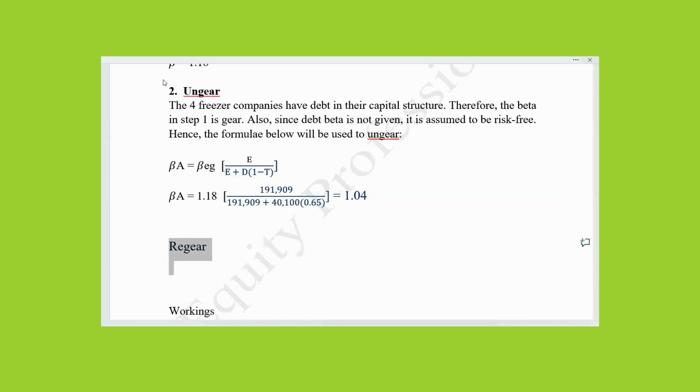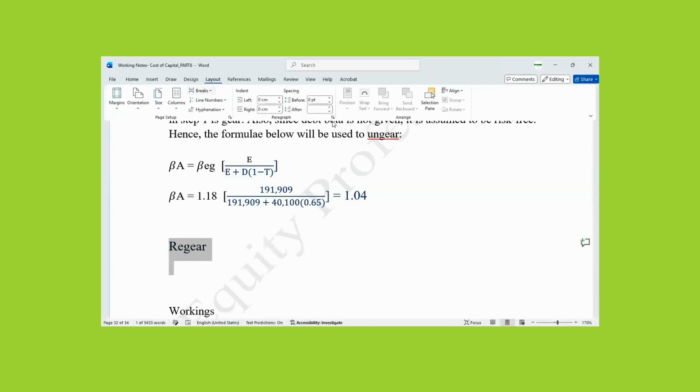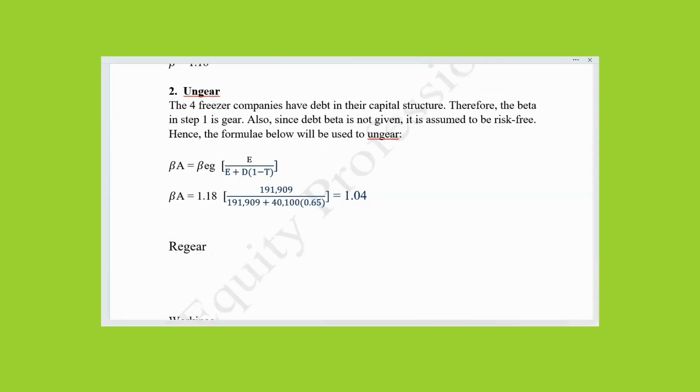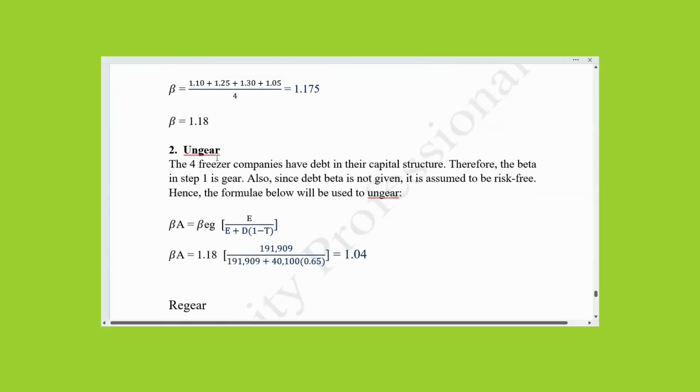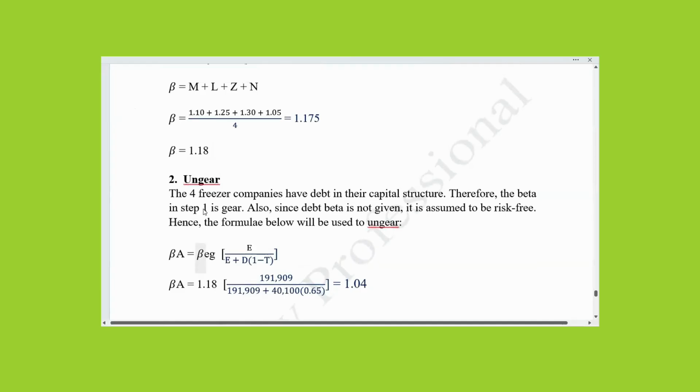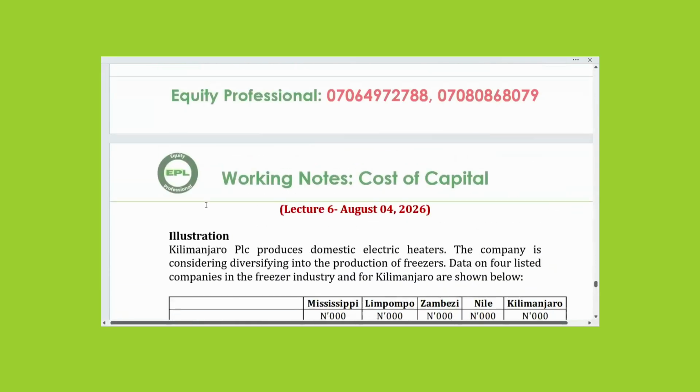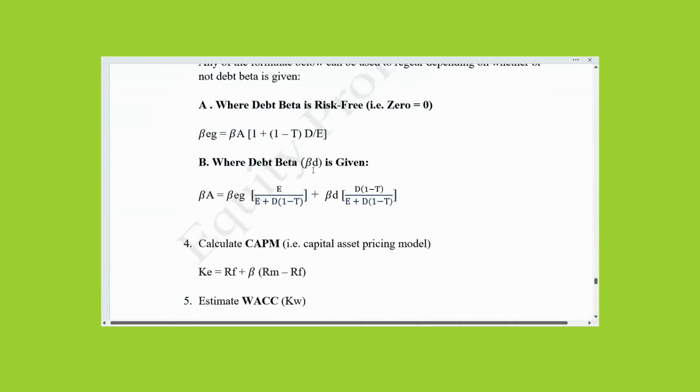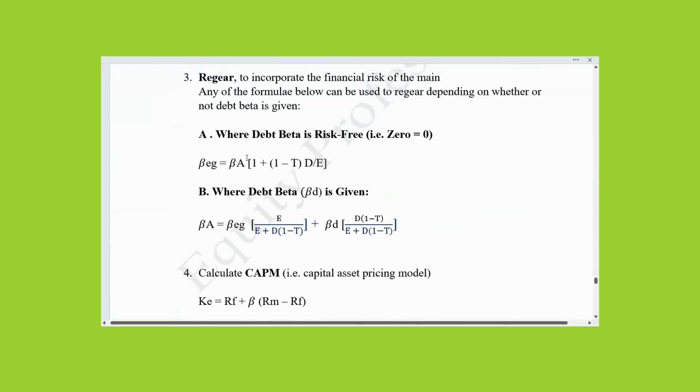All right, let me remove that. So, to regear, it depends on whether you are given a debt beta or the debt beta is assumed to be risk-free. In our calculation, since the debt beta is not given, it is assumed to be risk-free. So to do this, we need to calculate the beta equity of a geared company. How do you calculate the beta equity of a geared company?